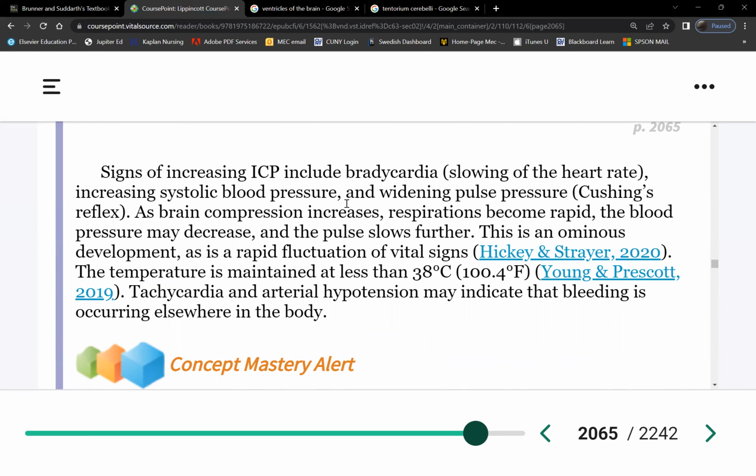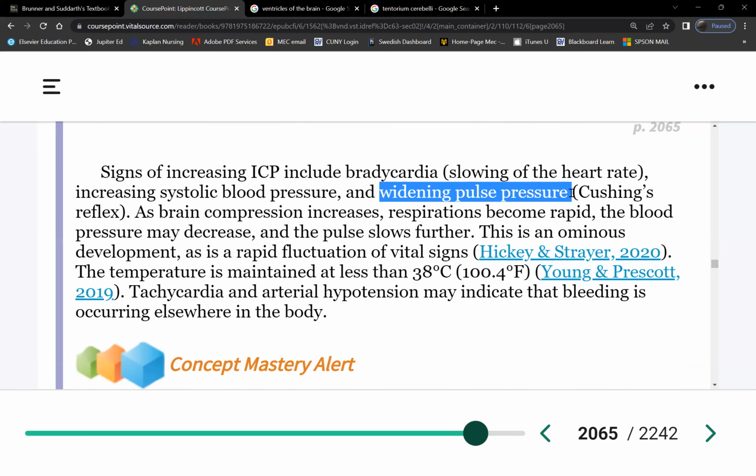The ominous sign will be the following. We call it Cushing's reflex, or also called Cushing's triad. Different authors have some variations, but this textbook says the triad are bradycardia, increasing systolic blood pressure with a wide pulse pressure, and the third is Cheyne-Stokes respirations.